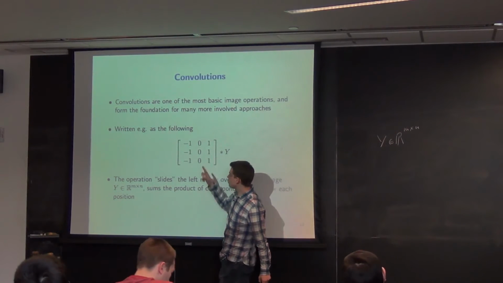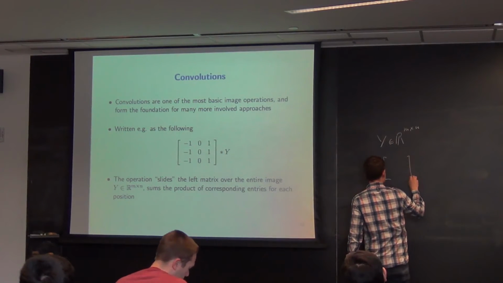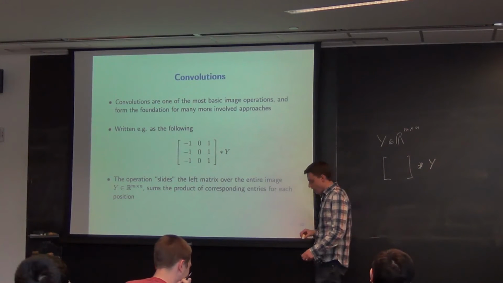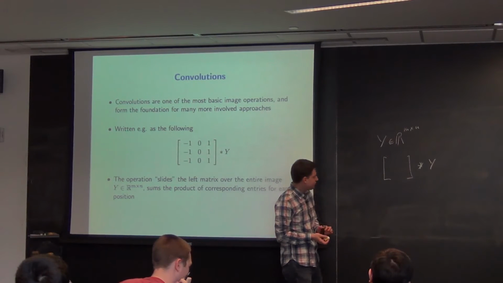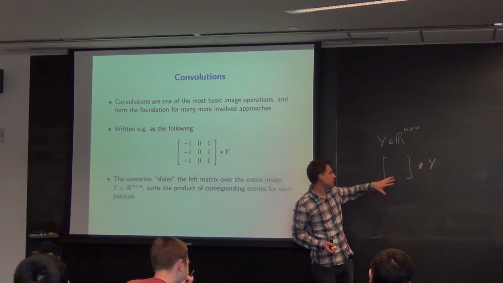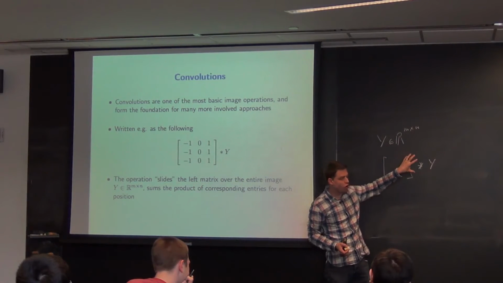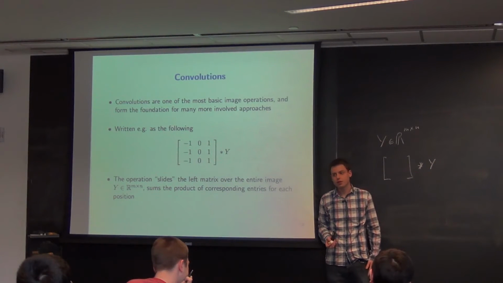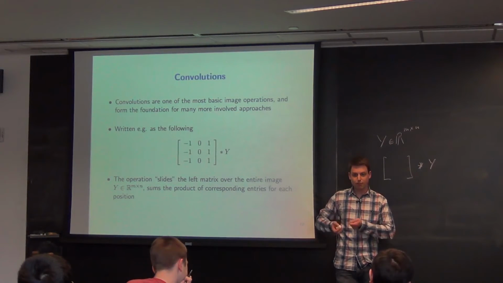A convolution is written like some matrix star Y. Let's take this matrix and slide it over all possible positions in the image. We take the product of all the corresponding entries and add them all up. That gives us a pixel in a new image.